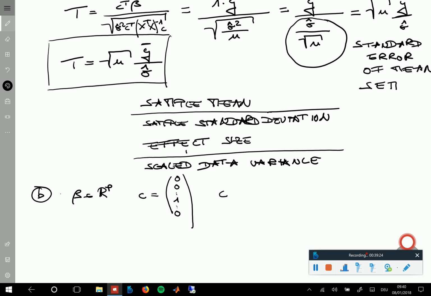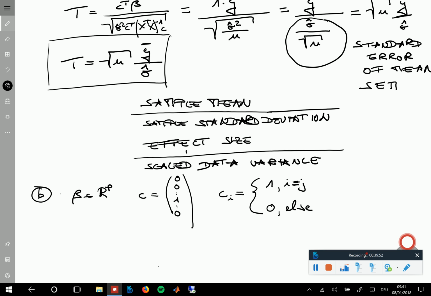We can also write that as: the elements of this c are 1 if i equals j and 0 otherwise. That's another way to write this, but it's just a vector of zeros with a 1 at a specific location.